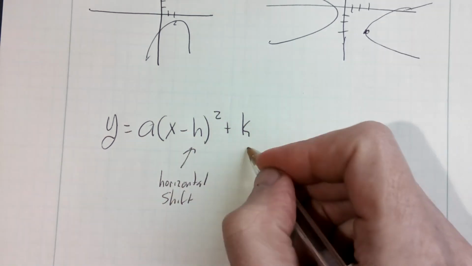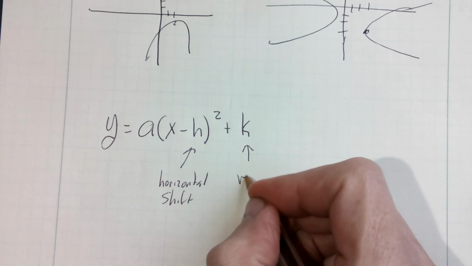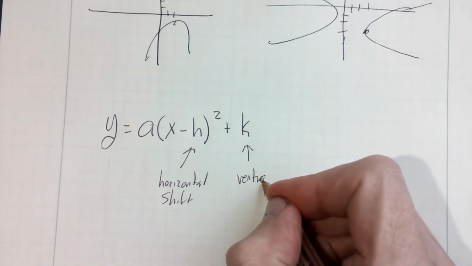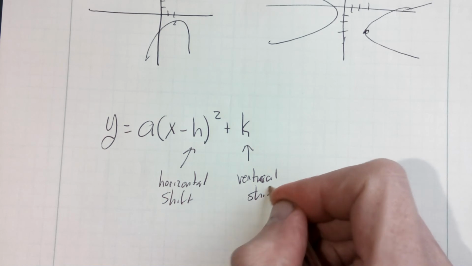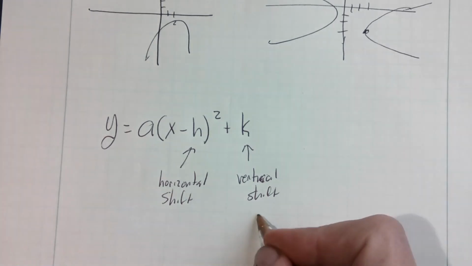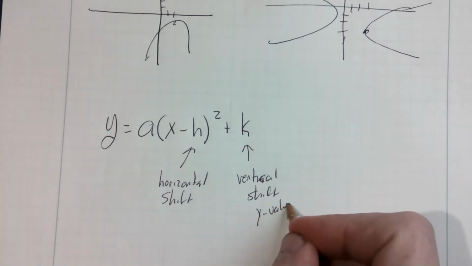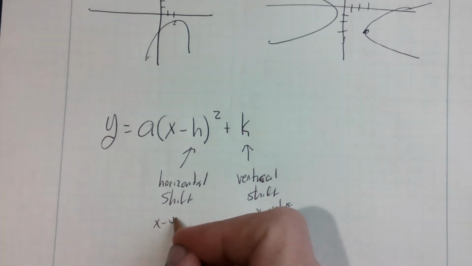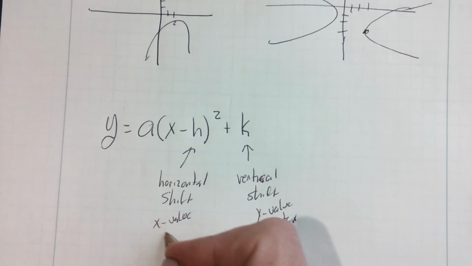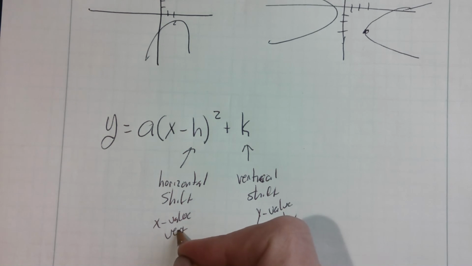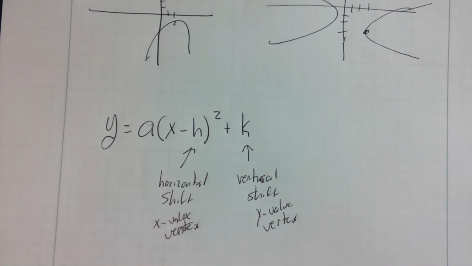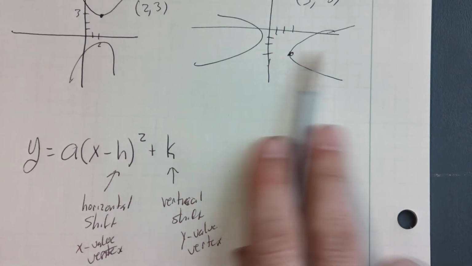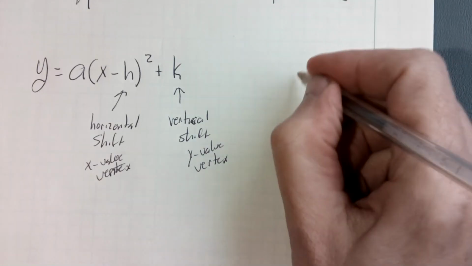And then the k is the vertical shift, or the y value of the vertex. This is the x value of the vertex.